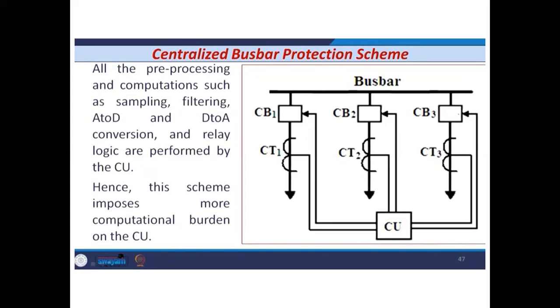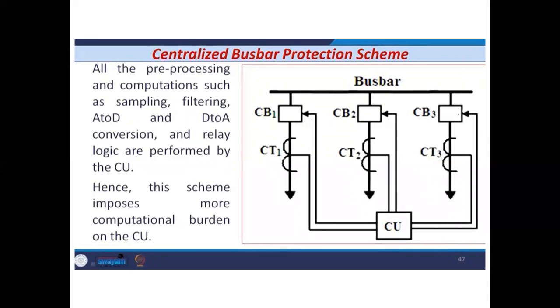Every calculation is performed in the central unit. Hence, this type of scheme imposes more computational burden on the central unit. So this was all about the centralized bus bar protection system.